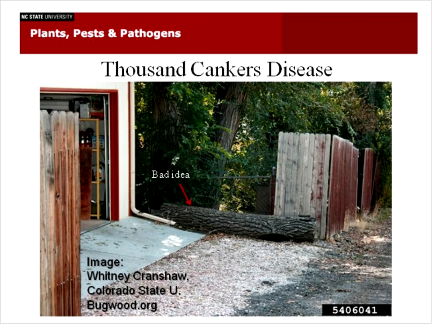This is an example here. This is a bad idea. Someone had found a dead walnut tree and thought that would be a good idea for, could be woodworking or I'm not sure what, but the log there is potentially harboring the insect and the fungus.